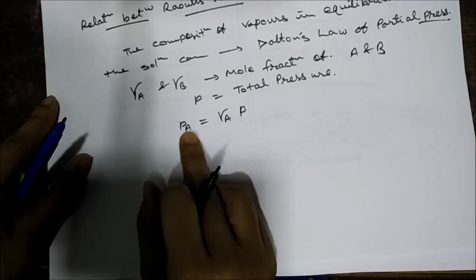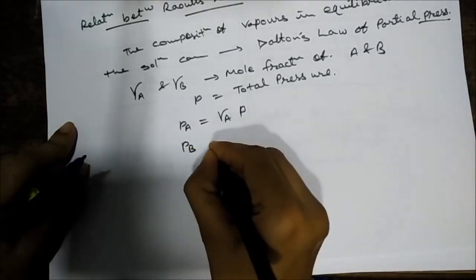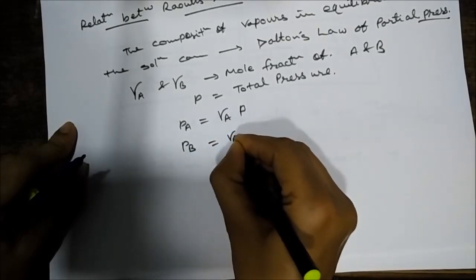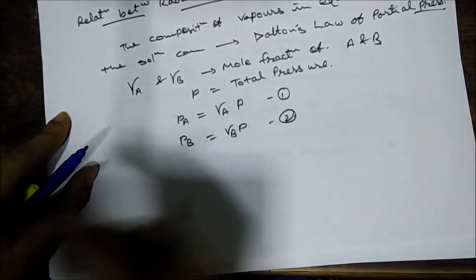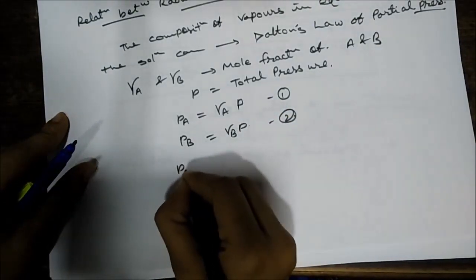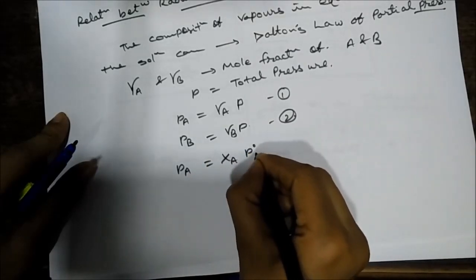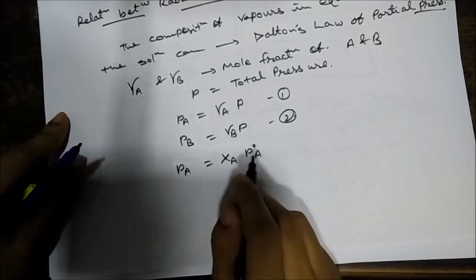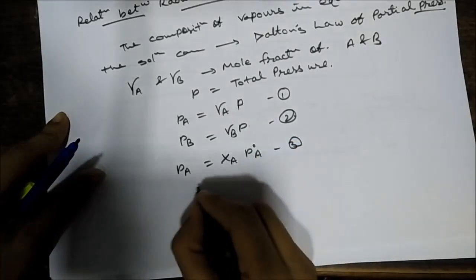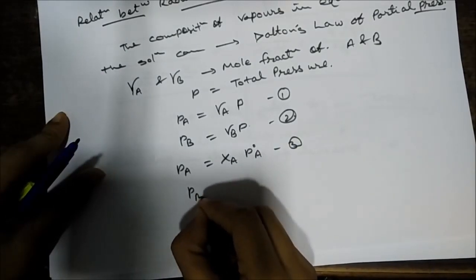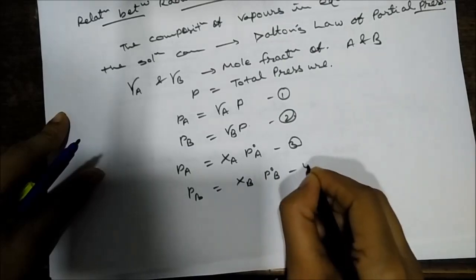So the partial pressure of component A will be this, and the partial pressure of B will be YB into P. And according to Raoult's law, the partial pressure of A is XA into P naught A, the pressure in its pure state. This is our equation three. And for component B, the partial pressure will be equal to XB into P naught B.